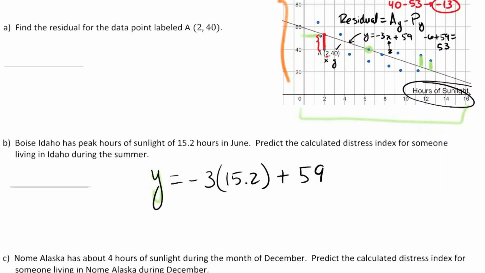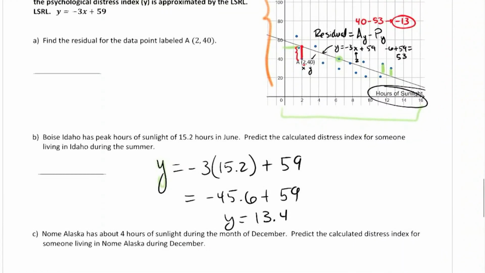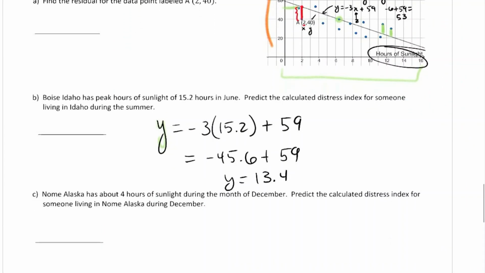So negative 3 times 15.2 looks like it's negative 45.6 plus 59. And when I combine those, I get y is 13.4. So pretty low considering the stress index ranges from 0 to 100. Feeling pretty chill in Idaho, lots of sunlight during the summer.